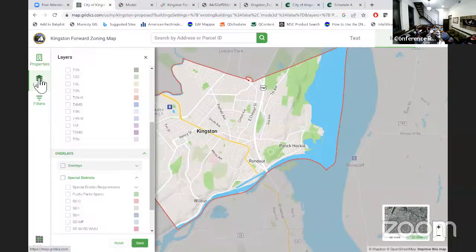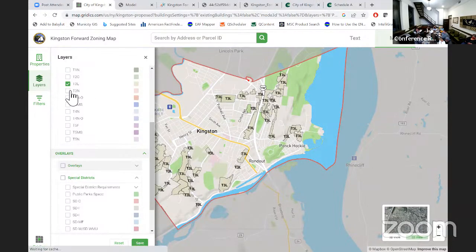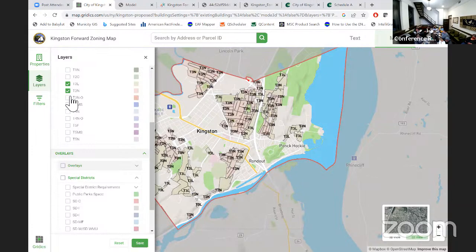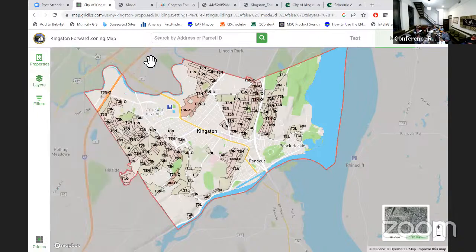Okay, so let's go to the T3s. We've got T3 neighborhood and T3 large lot. These are your areas that Kyla has up on the map.